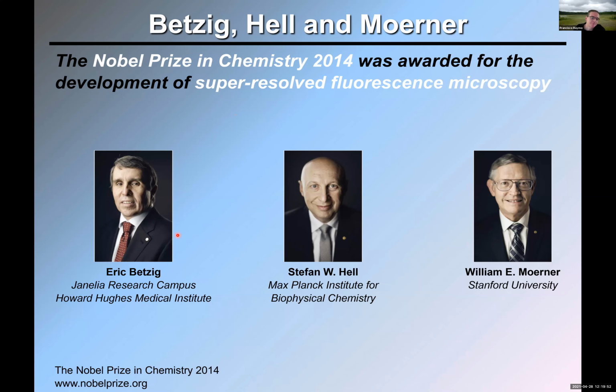And then Betzig designed a strategy based on single molecule detection to overcome diffraction that is also taking advantage of the ability of certain fluorophores to switch their fluorescence. I will show you how that works in a second. And then Hell developed a method that is instead based on stimulated emission, which I'm going to explain now.